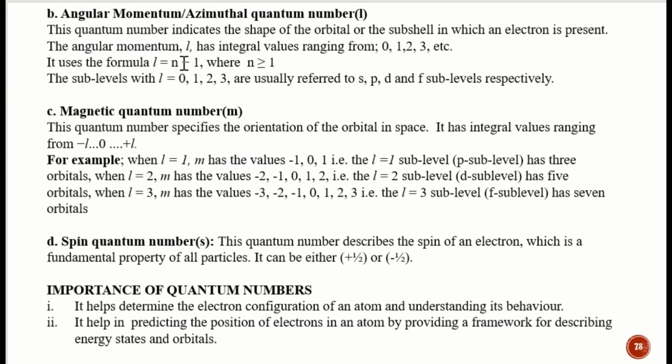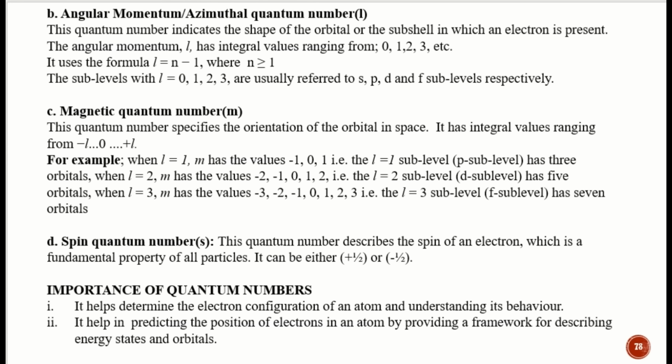And our angular momentum has a range of values from 0, 1, 2, 3, and so on. The 0 denotes our s orbital. The 1 denotes the p orbital, 2 denotes the d orbital, and 3 denotes the f orbital.